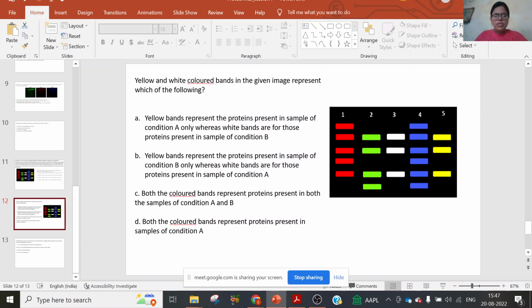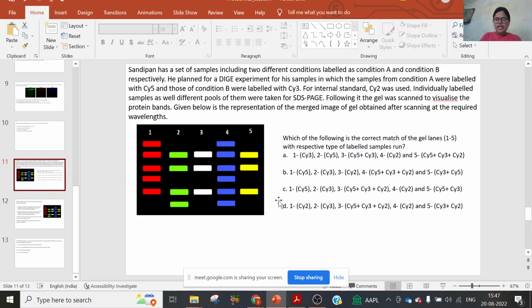Okay, so the yellow band represents protein present in samples of condition A only, which is not true, because even in the previous answer we figured out that the yellow band is from Psi5 and Psi3 dye. So protein A is Psi5 dye, and it also contains Psi3.